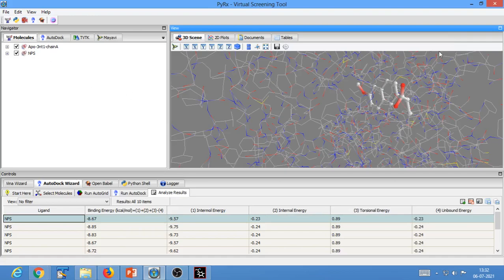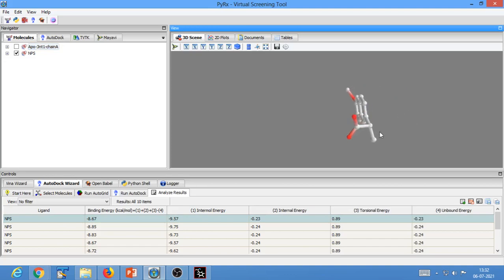For the time being, to make things clearer, I will now hide the protein chain, so that you can see this is happening in the active site. But we don't need this protein molecule for our further discussion. So these are the predicted results.